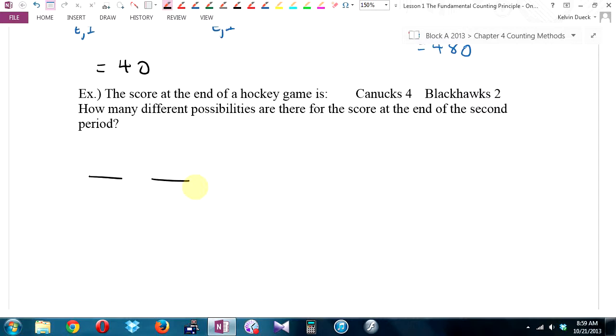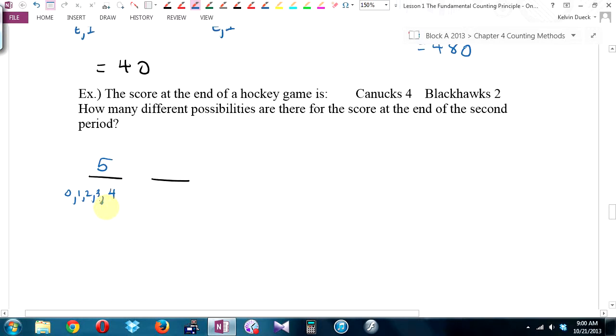Five, because they could have had 4 goals, 3, 2, 1, or no goals. Now, a 4-goal third period is unlikely, but possible. So there could have been 5 choices there. And if you want to, you can put underneath here 0, 1, 2, 3, or 4.